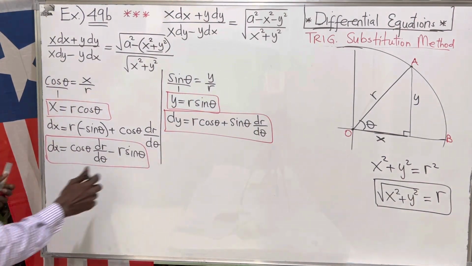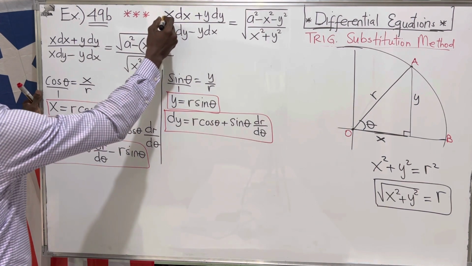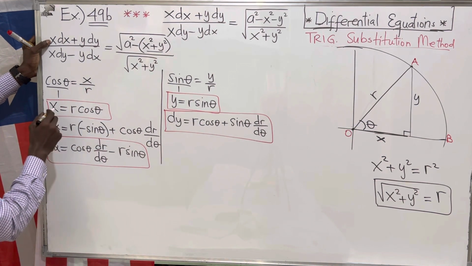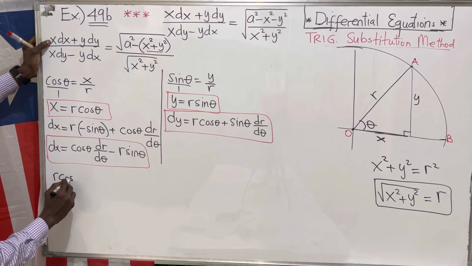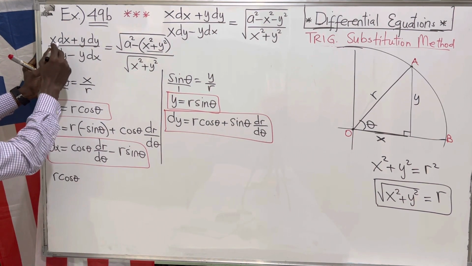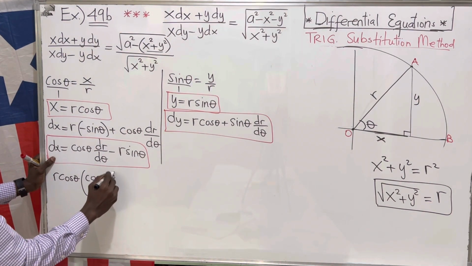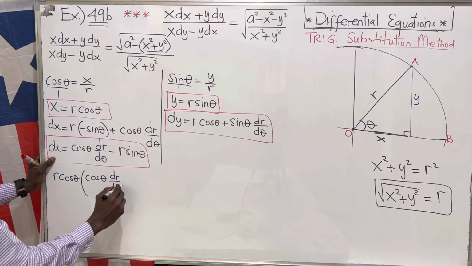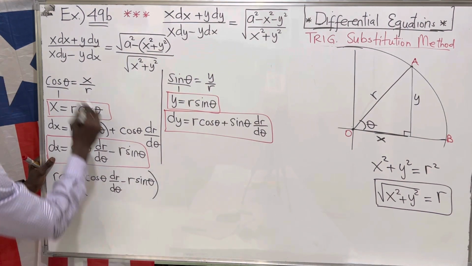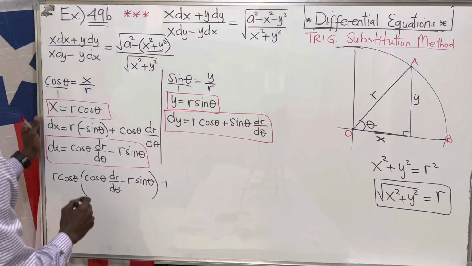So let's go now to the problem. We have x, there it is. So this x now is r cos of theta, plus y. Let's say the dx now is cos of theta, the dr over d theta, minus r sine of theta. So this is x dx, plus y dy. So what is y?